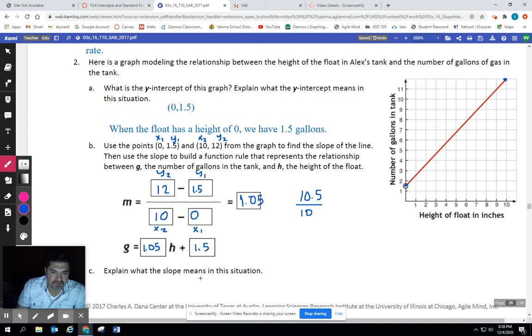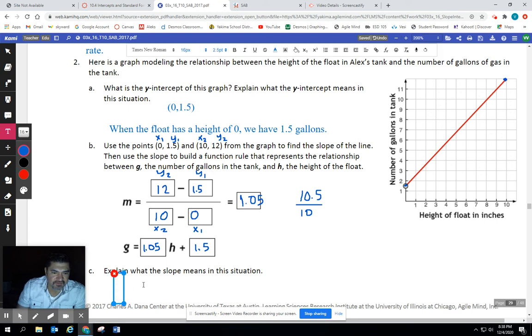Okay. Explain what the slope means in this situation. Okay, well, up at the top, this was our number of gallons. And this was the height of the float.